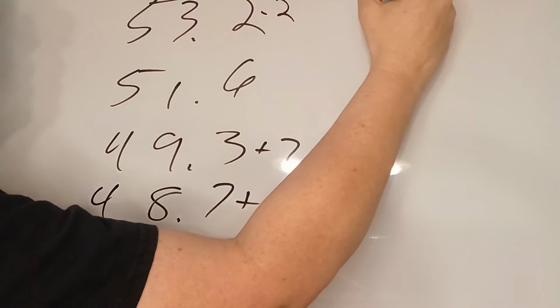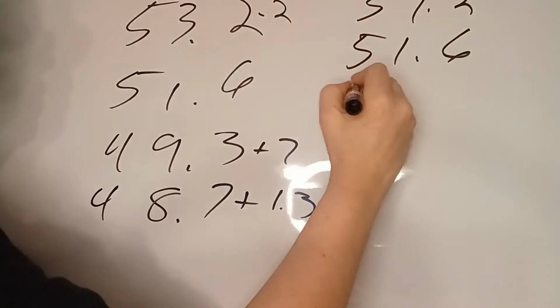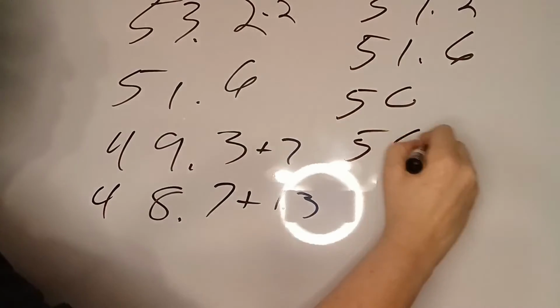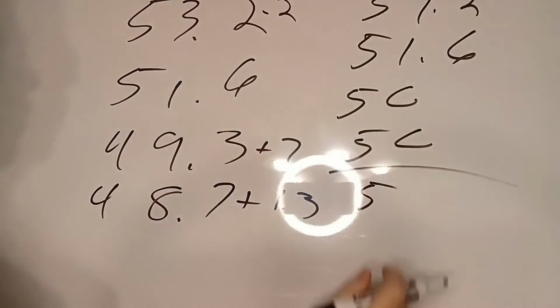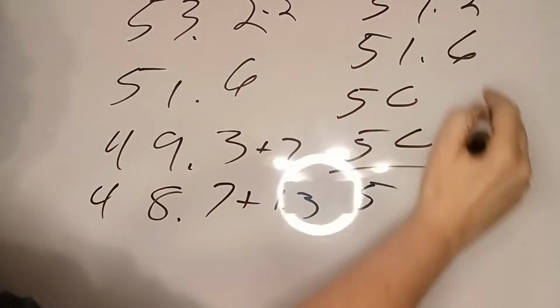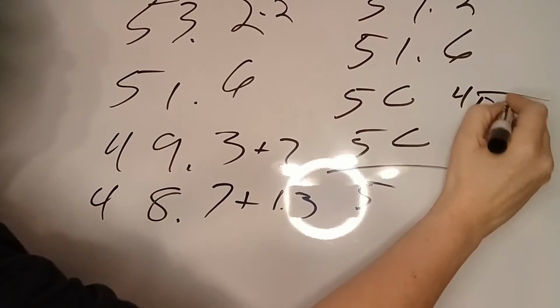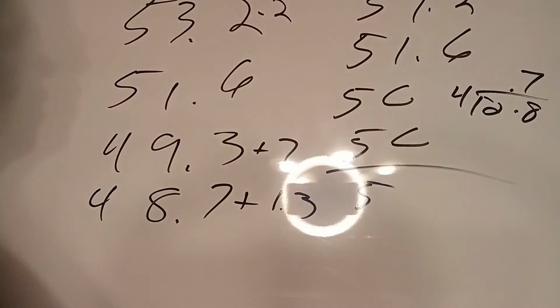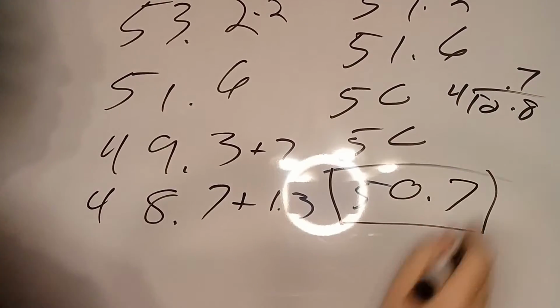All right, that gives us a 51.2, 51.6, 50, and 50. All right, so we know that the average is going to be 50 something. We add these up, we get 2.8. We're going to divide that by 4. So that's 0.7. So it's 50.7 is our average.